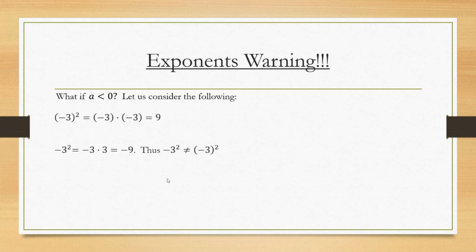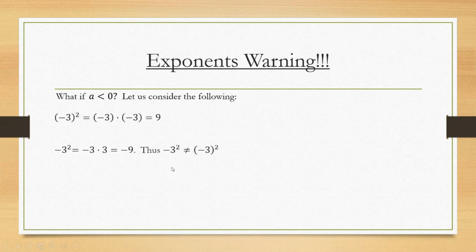Notice here, there are no parentheses. This is not the same as that. There, I'm multiplying negative 3 times itself. Here, I have a negative, but I'm multiplying 3 by itself. So I get negative 9.